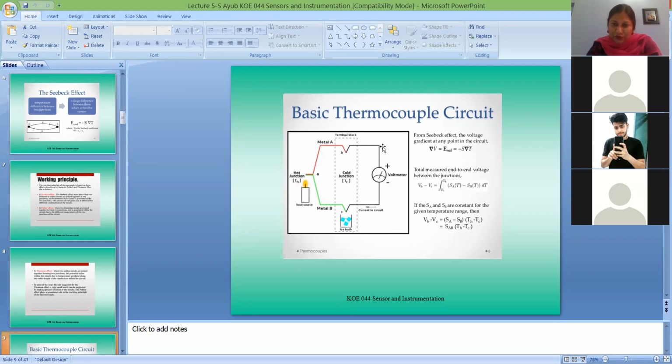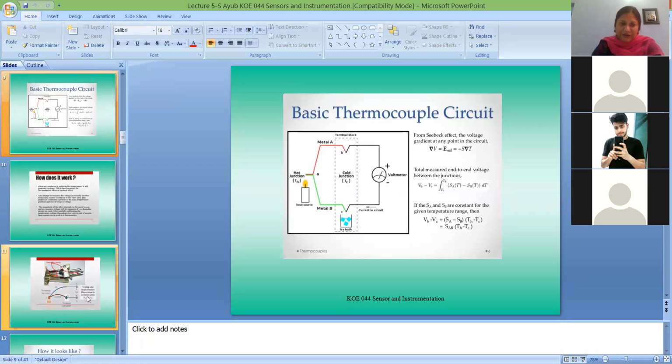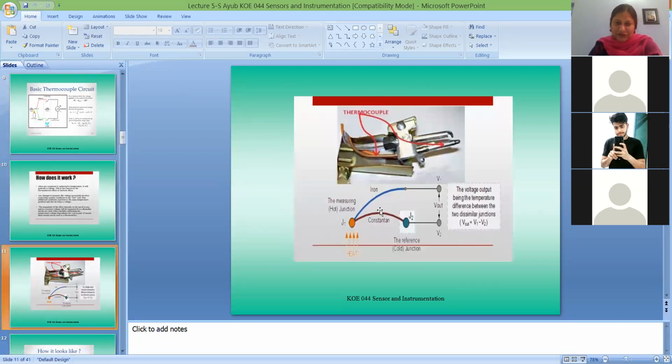And then you measure the voltage generated between these two wires through your voltmeter. So this is how your electrical circuit looks like for temperature measurement.